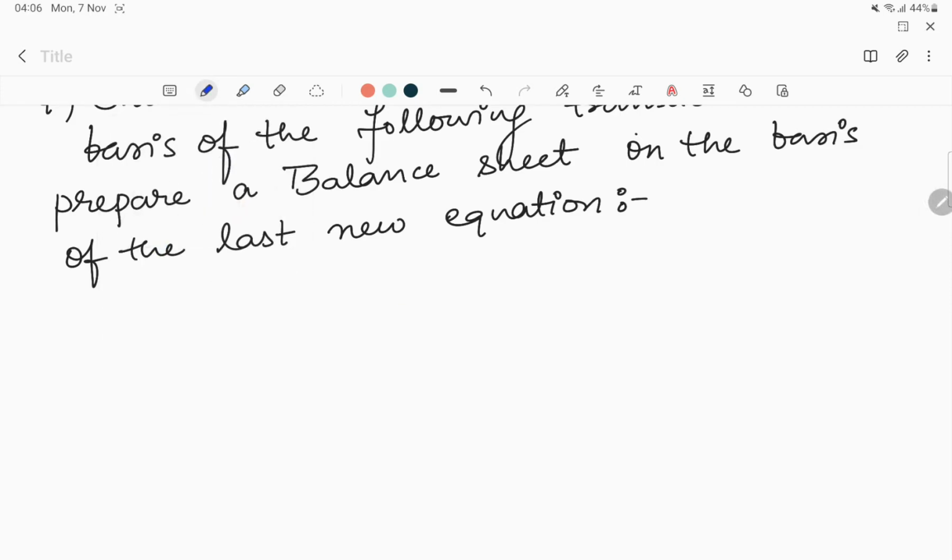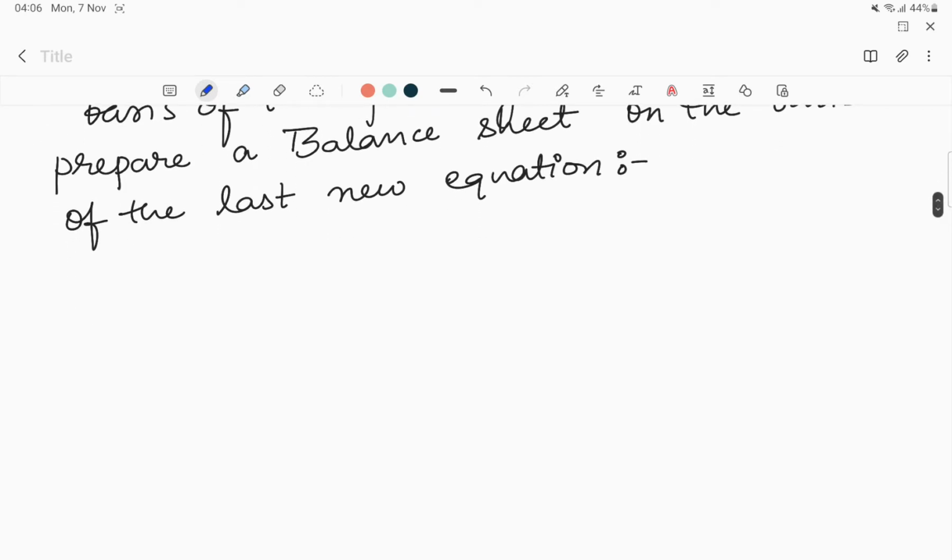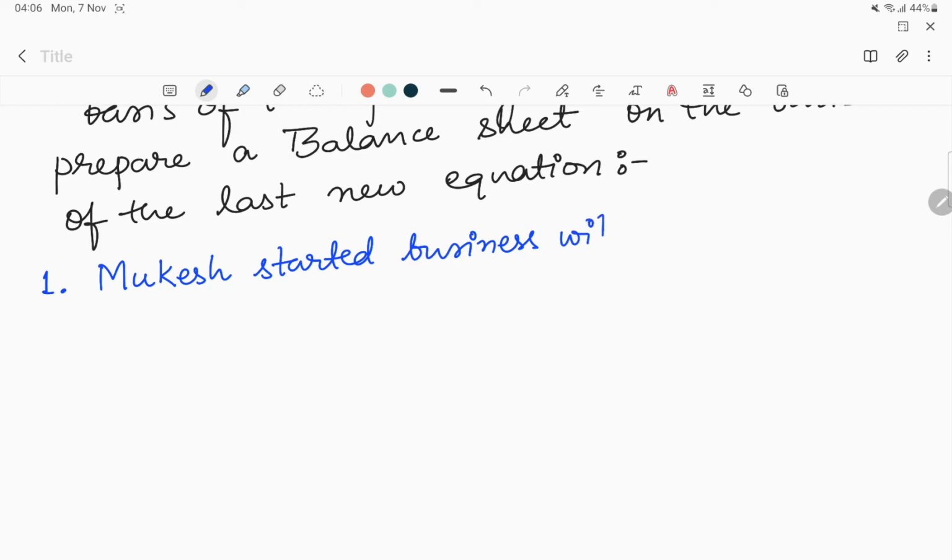So what is given in the question in the form of data? First, data is given as there is a person named Mukesh. Mukesh started his business with some cash, and this cash amounts to rupees 80,000. The second transaction is given.